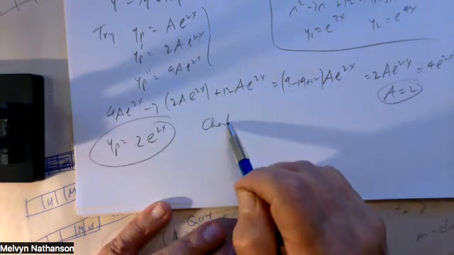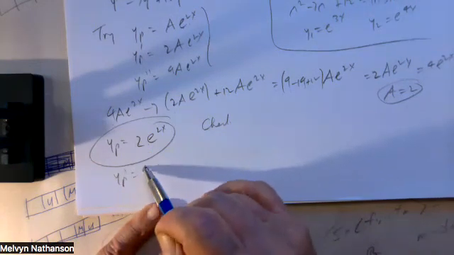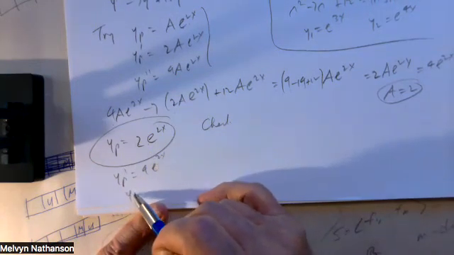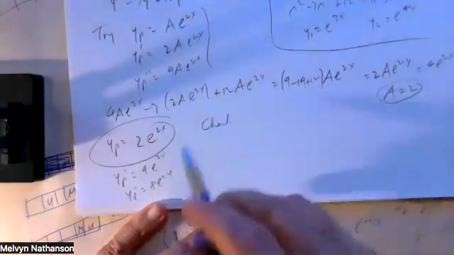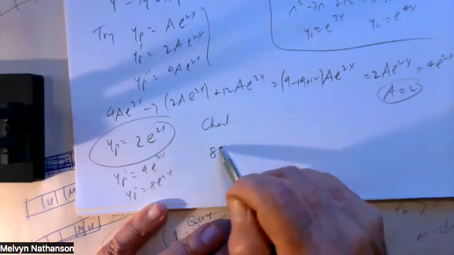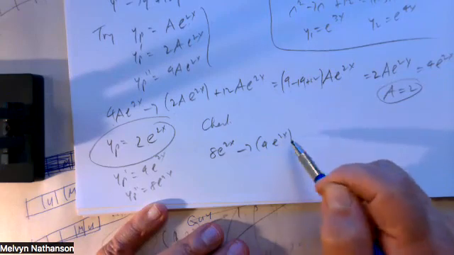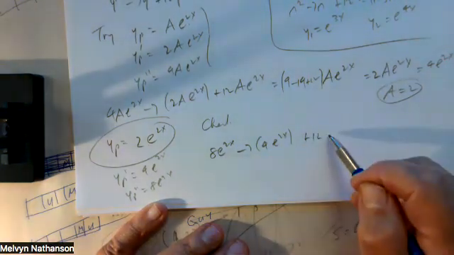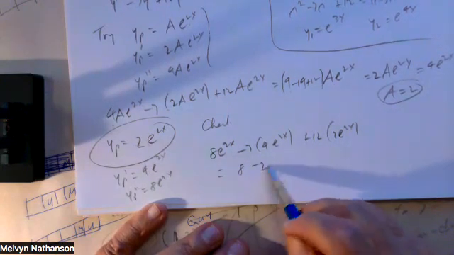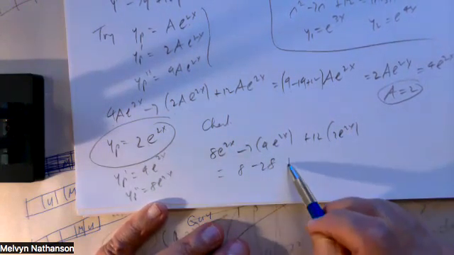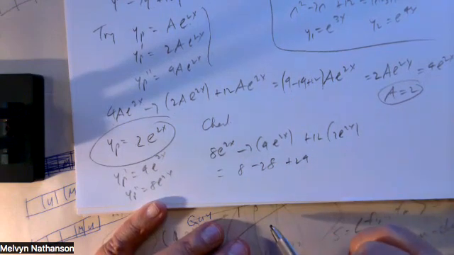Let's check. If that's the function, the first derivative is 4e to the 2x. The second derivative is 8e to the 2x. When I plug it into the equation, I get 8e to the 2x minus 7 times 4e to the 2x plus 12 times 2e to the 2x. Is that right? Let me just double check.